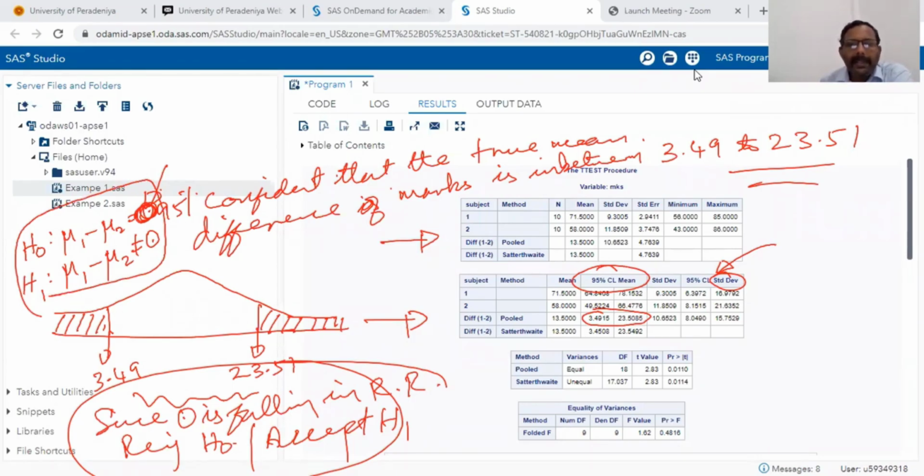Shall I erase this? Have you all taken down? So we'll have to explain the confidence interval and explain the results also. I haven't explained the results yet. Hypothesis, point estimation. I didn't explain the point estimation. This is about the confidence interval.